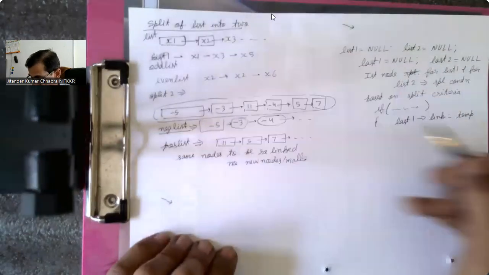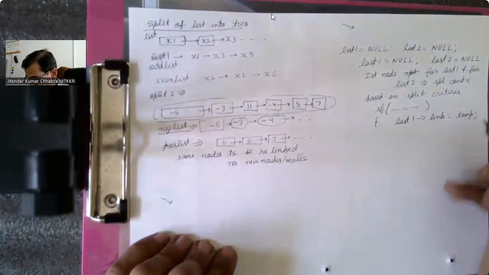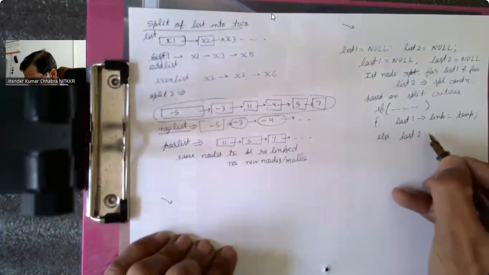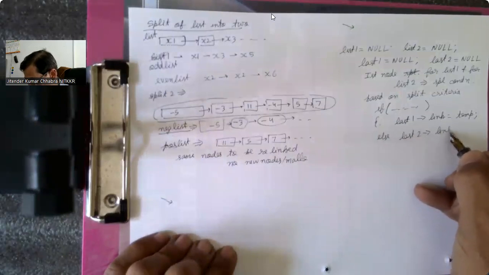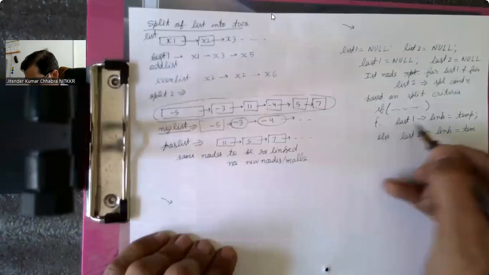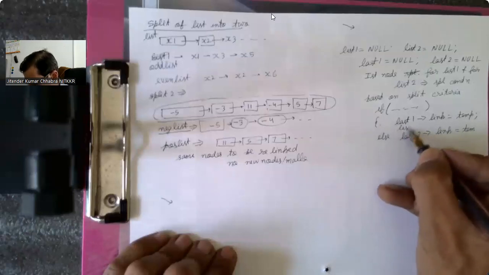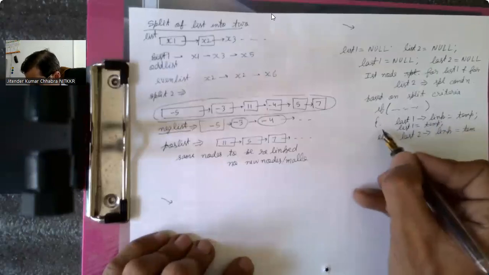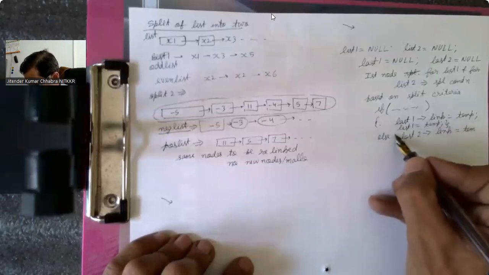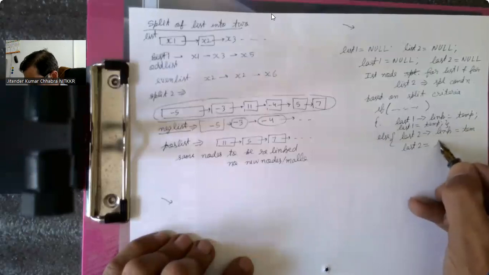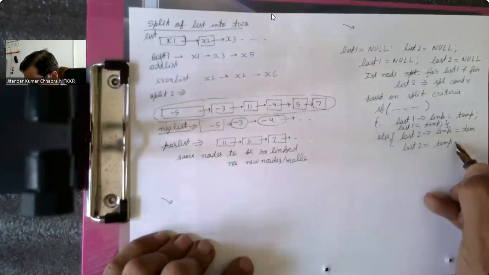So I will always have the next node as a temp. Else it could be last two arrow link to be temp. And of course, that will also mean last one to be updated, last one equal to temp. So this code over, else I will say last two to be linked and then last two to be updated.